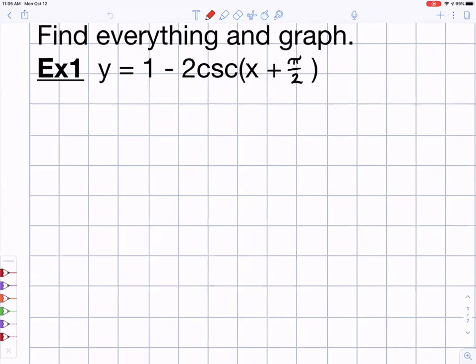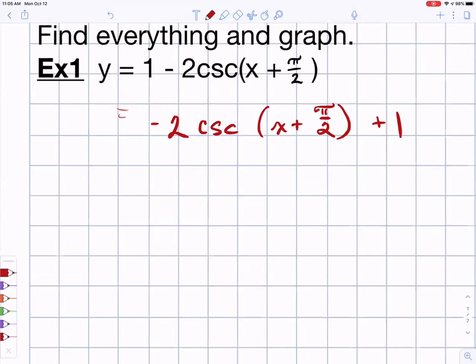So you can rewrite it if you want. If you were to rewrite it, you would have -2 cosecant of x plus pi over 2, and then +1 out back, okay? And again, you don't have to write that, but you should at least think that.